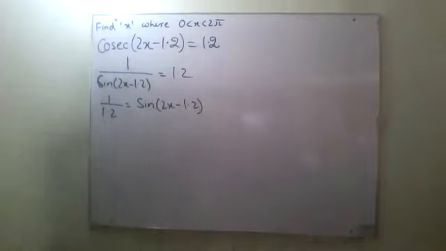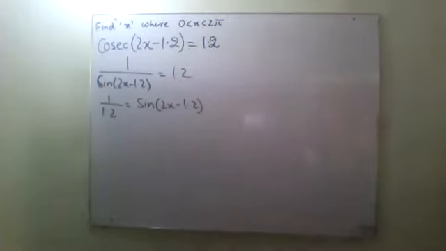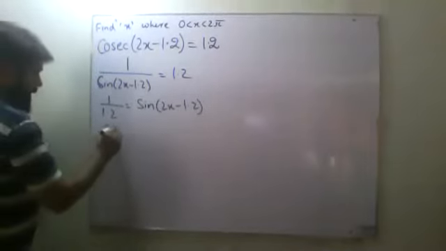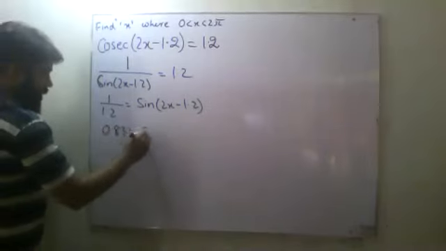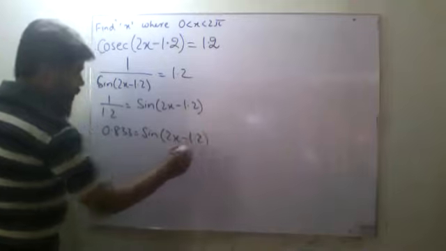Now I am going to solve this, 1 divided by 1.2, and my answer is coming 0.833 equals sine(2x minus 1.2).